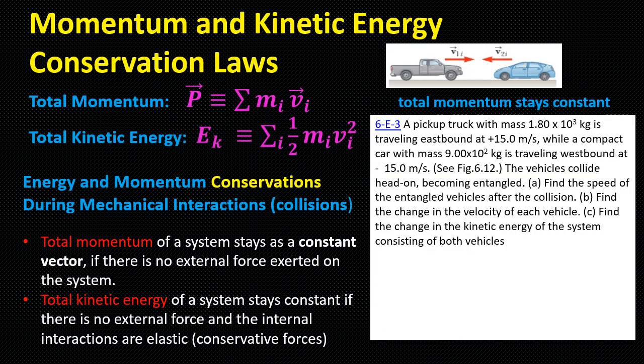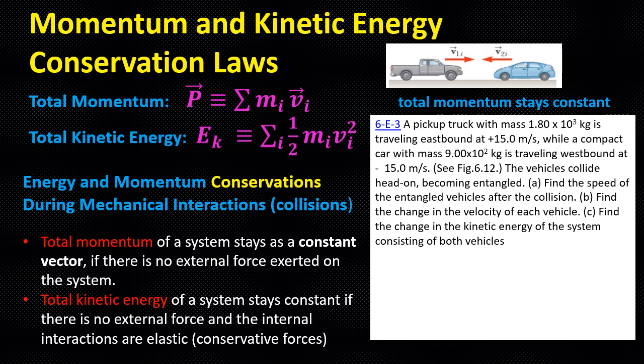All right, part B of the problem. Find the change in the velocity of each vehicle. Whenever you find any change, all you have to do is subtract between the final velocity and initial velocity.